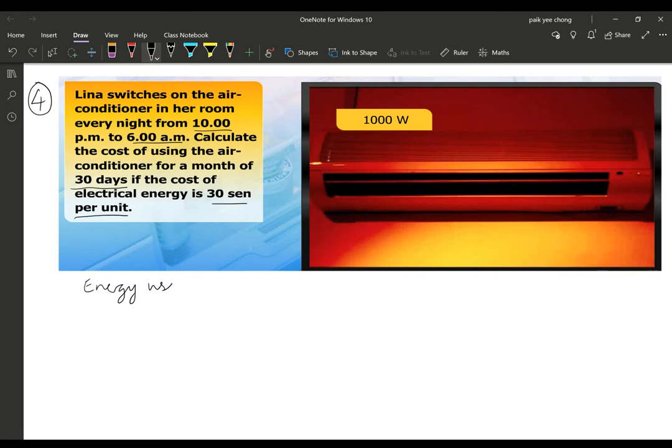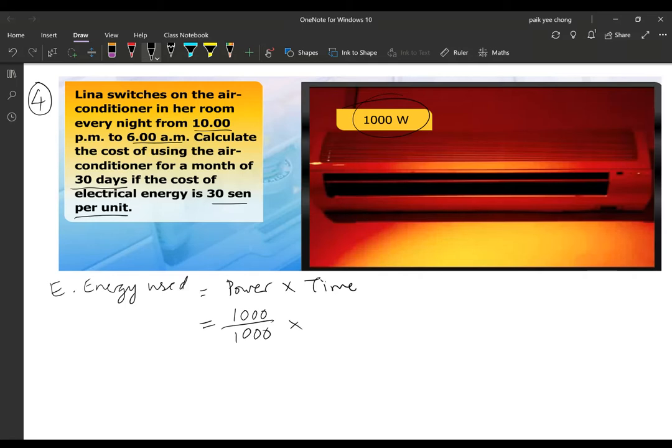Always remember the formula. The electrical energy used is always power times time, where your power is in kilowatts and your time is in hours. Now let's look at how powerful this aircon is. It is 1000 watts. So 1000 watts divided by 1000 because you want to convert into kilo, and times the time.